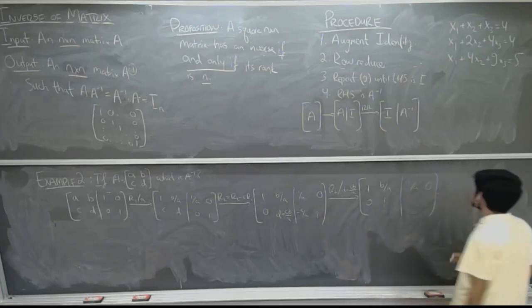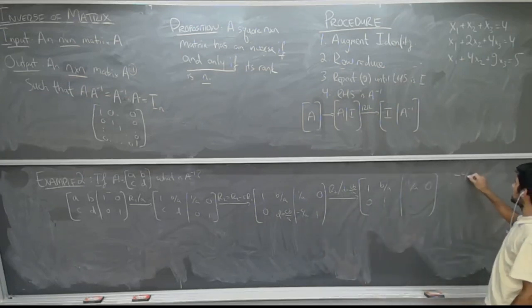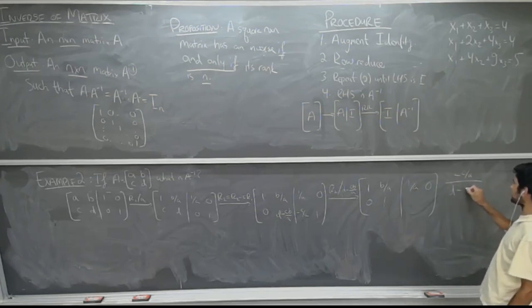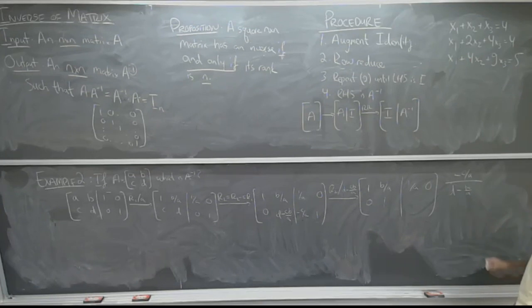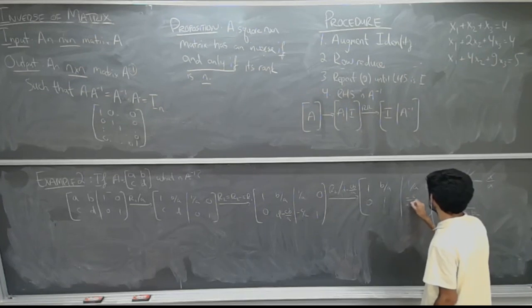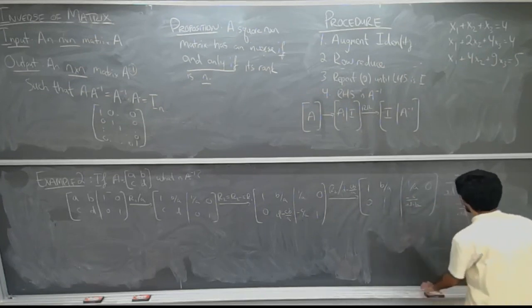For this one, let's do a little math over to the side. We're doing negative c over a divided by d minus bc over a. We can multiply the numerator and denominator by a. That cancels this a with this, and that with that, but we have to throw in an a here. So this is negative c over ad minus bc.